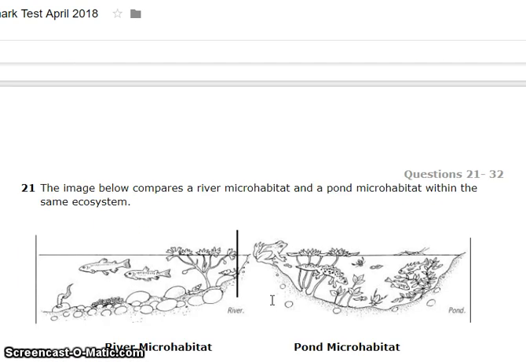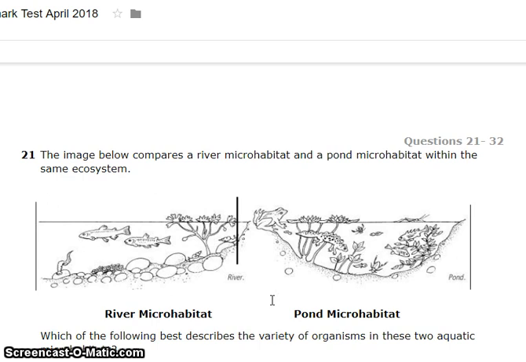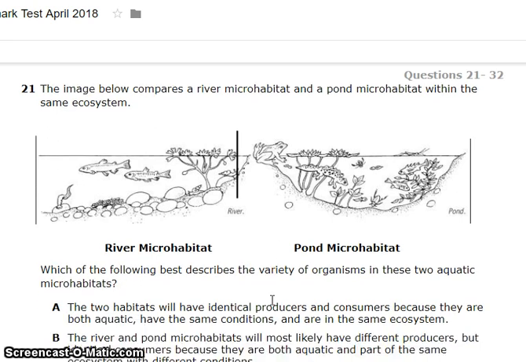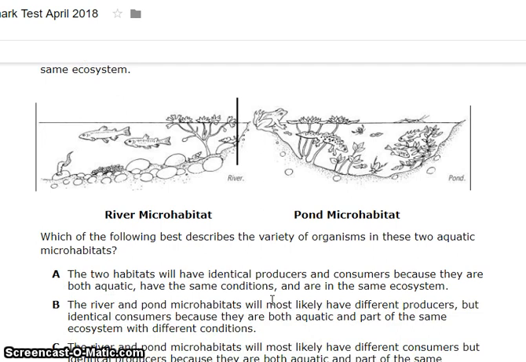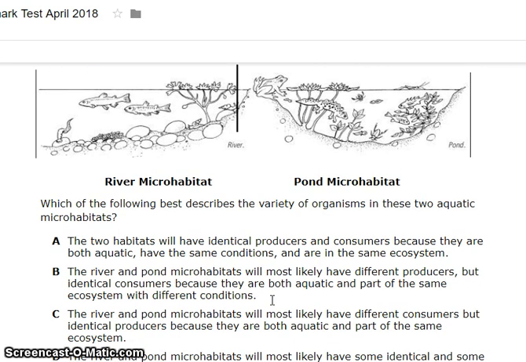21. The image below compares a river microhabitat and a pond microhabitat within the same ecosystem. Which of the following best describes the variety of organisms in these two aquatic microhabitats? A. The two habitats will have identical producers and consumers because they are both aquatic, have the same conditions, and are in the same ecosystem.